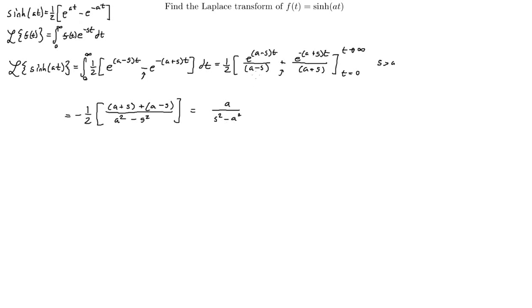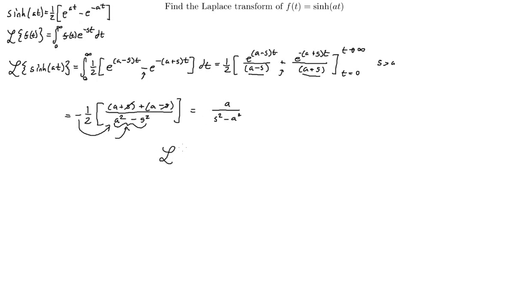So all we did was combine this denominator with this denominator, got it to be equal to this guy, and then we canceled off our s's, and we found that the numerator is 2a, which cancels out with this 1/2. So we just get a, and then we brought the minus sign directly into here, which flipped this.